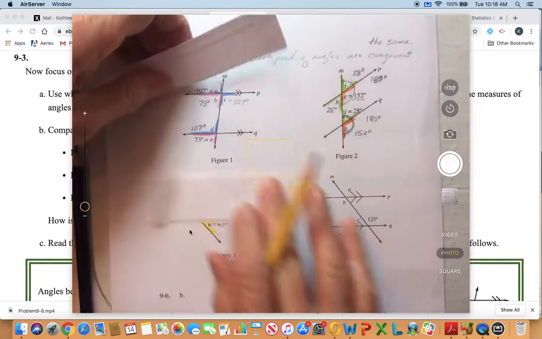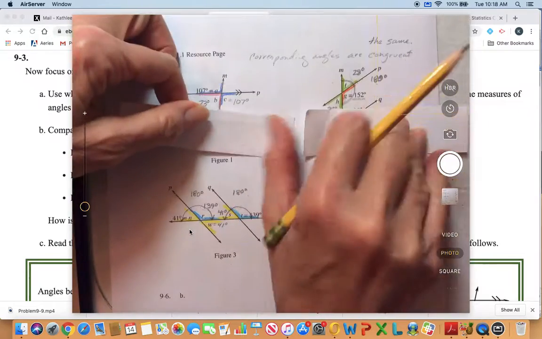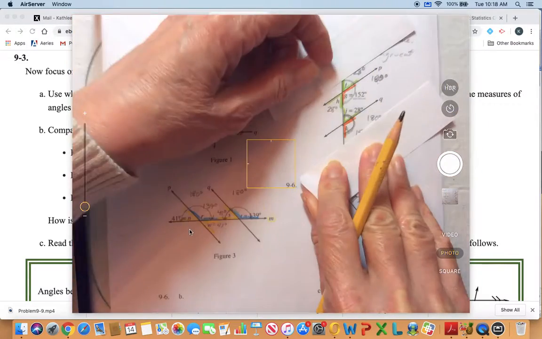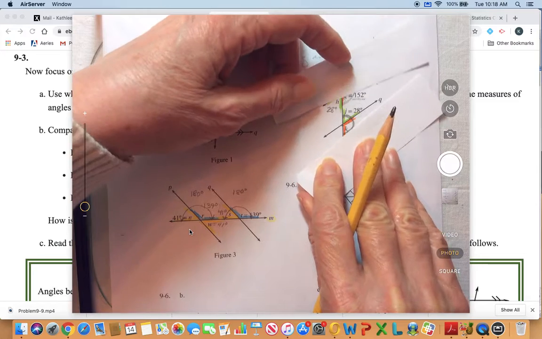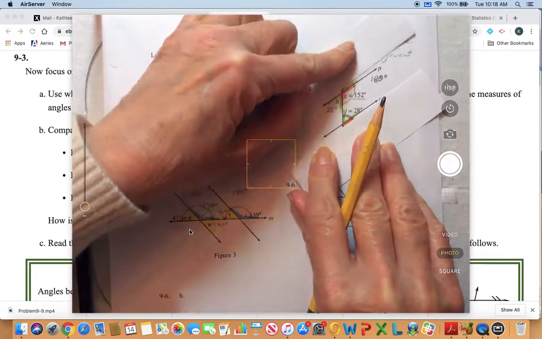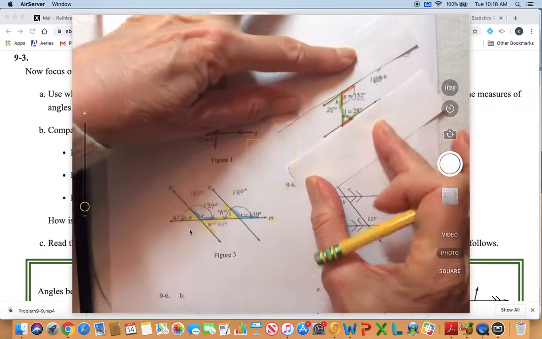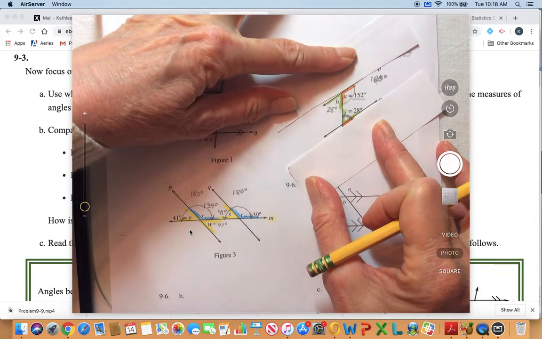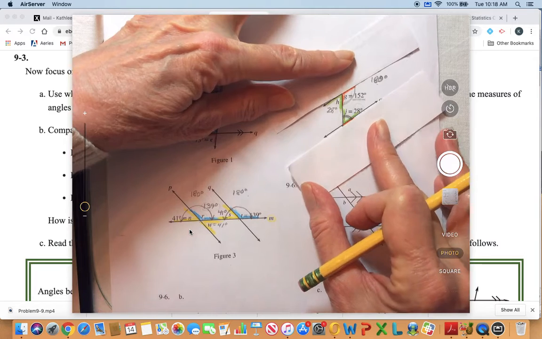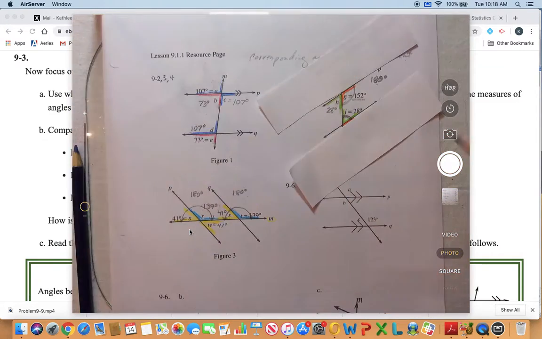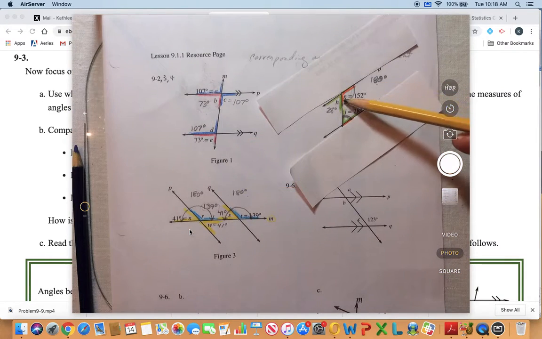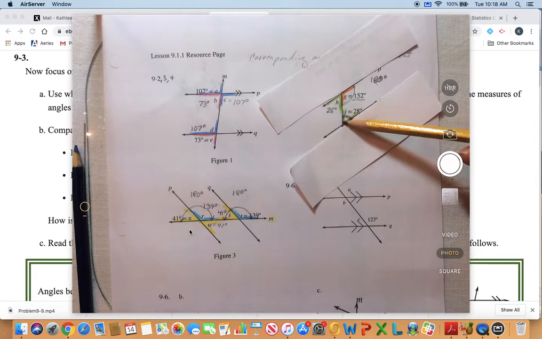All right, let's take a look at the position of these two angles, which are H and J. Again, I'm going to put these two strips of paper so that we're focusing on the inside of these parallel lines. Once you've done that, I want you to see where H and J are in relation to this transversal.